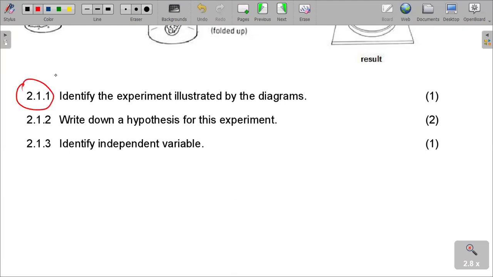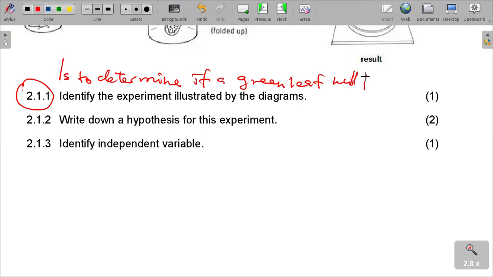The answer is that the experiment illustrated in the diagram is to determine if a green leaf will produce starch during photosynthesis.